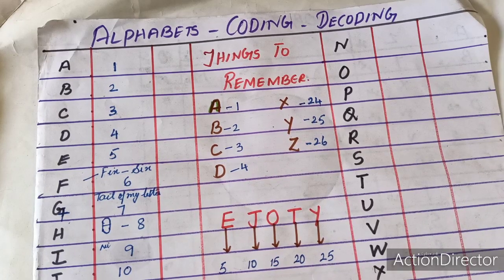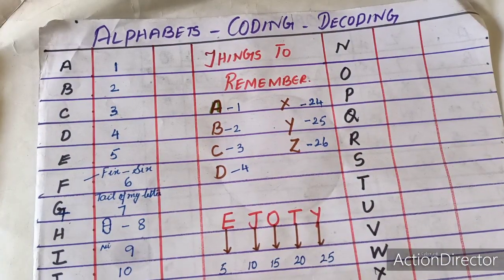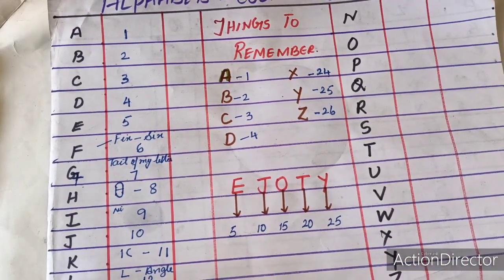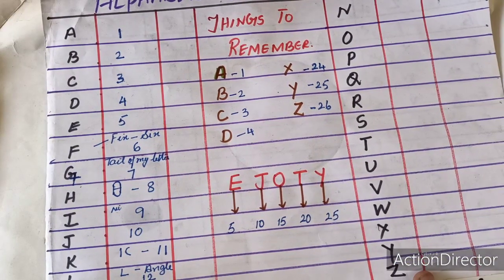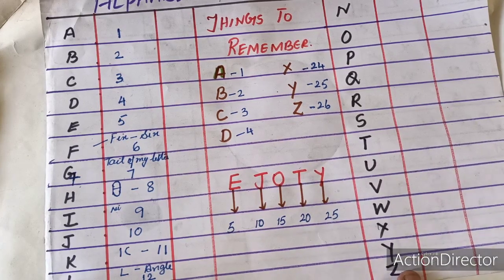And M, if you observe it in a tilted position, it is looking like 3. So naturally it cannot be 3, because it is more than 3. So it is 13. And once again, M is 13 and it is exactly half of the letters from A to Z. From A to Z you have 26 letters, so half of 26 will be 13.